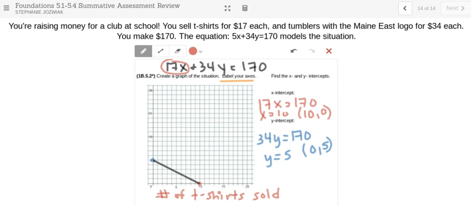That's the thing that I don't know about the x, right? The x variable is the number of t-shirts sold. And then if we think about the y variable, well, the y variable has this 34 attached to it. And we know that the tumblers with the Macy's logo were $34 each. That was the price, which means the y must be the number of tumblers sold.